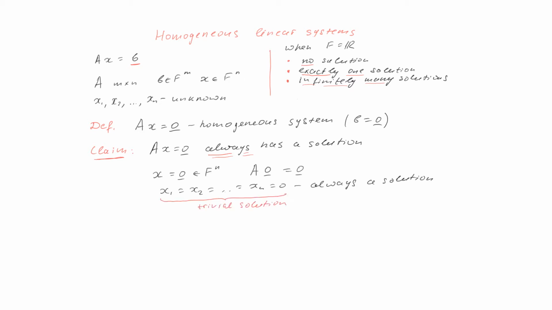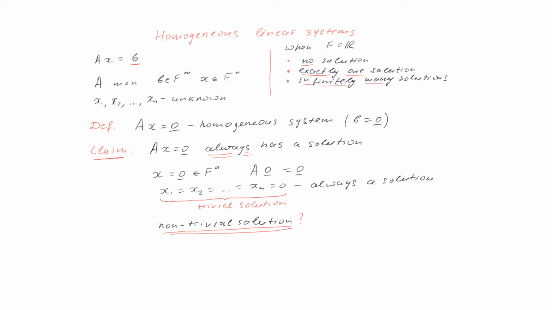Since this solution is always there, we call it a trivial solution. And then a really interesting question is, is there also a non-trivial solution? This is a very important question for homogeneous systems.